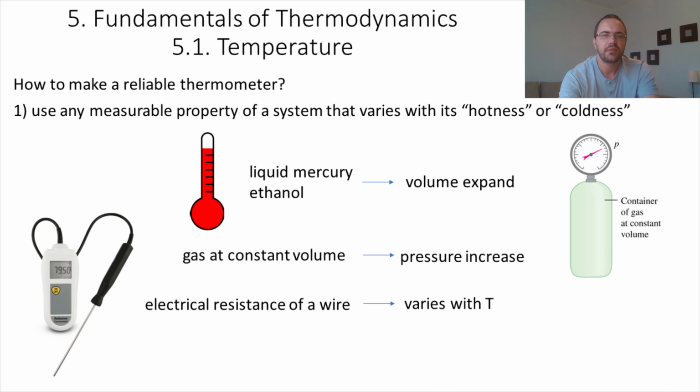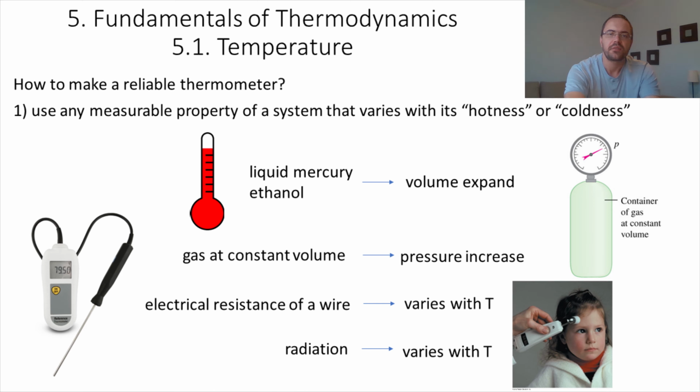Some thermometers also use the fact that the electrical resistance of a wire varies with temperature, and others that the radiation of surfaces varies with temperature. In all of those examples, you have a measurable property that varies with temperature.